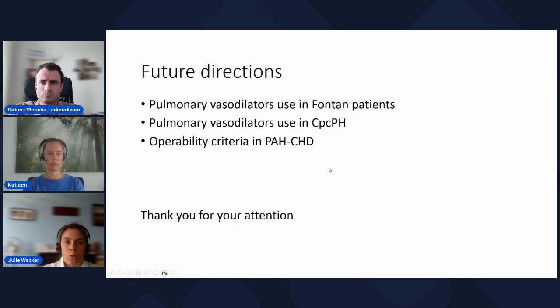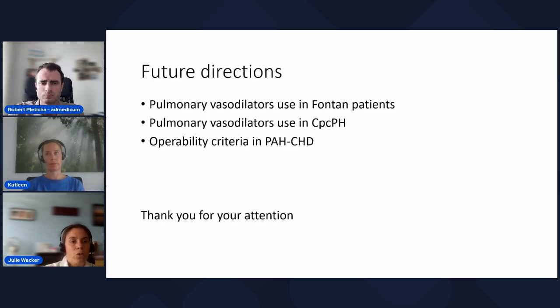So to conclude, we still have a lot of work to do as a medical community, and maybe with the help of a parents association and patients association, we can help shape the future of the research in pulmonary hypertension.